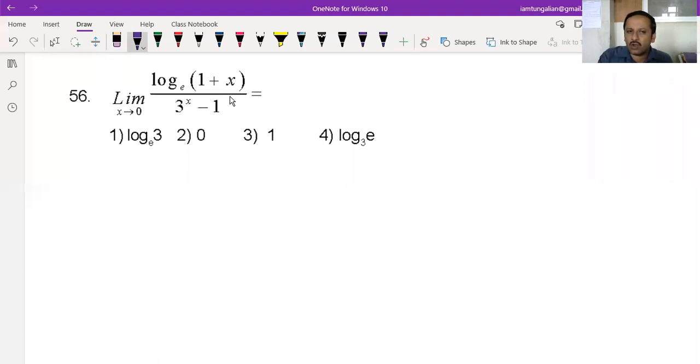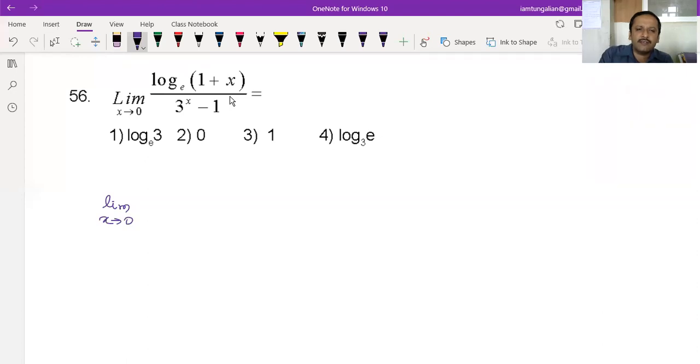The value of log 1 is 0, so the numerator is 0. In the denominator, if I put x as 0, 3^0 gives 1, and 1 - 1 is 0. So the denominator is also 0. 0 by 0 is an indeterminate form, so I will use L'Hospital's rule.